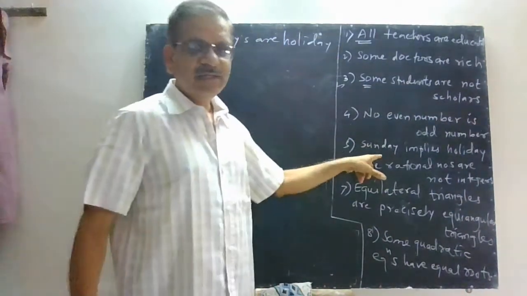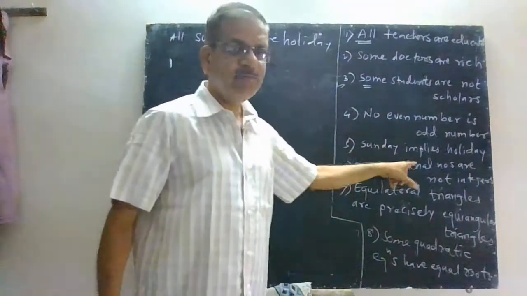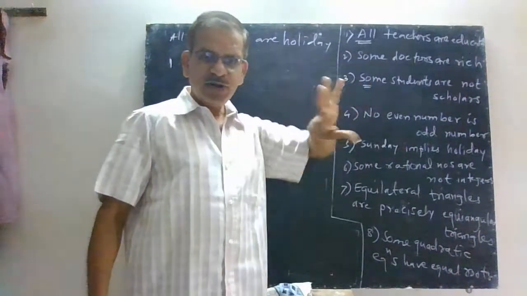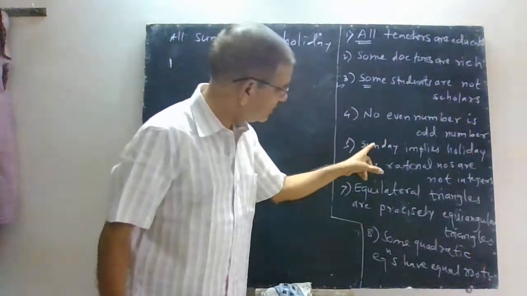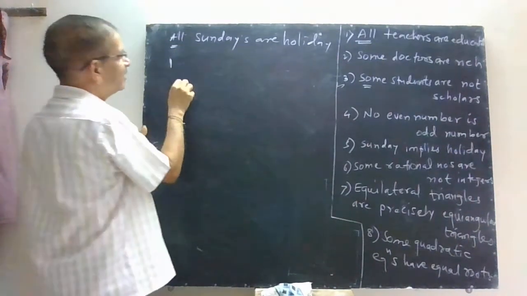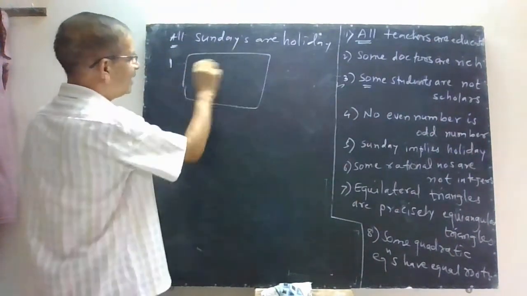This is how the statement is. We have written in mathematical form, Sunday implies holiday, P implies Q, like that. That means Q is the bigger one and P is inside that one. So actually it is all, means you draw the figure like that.